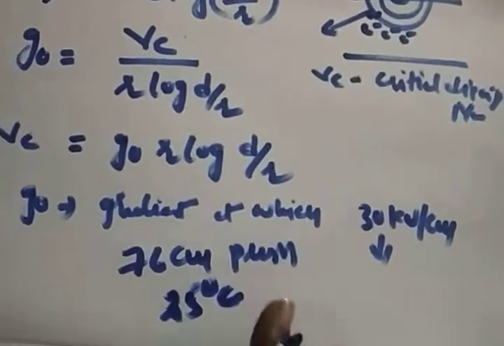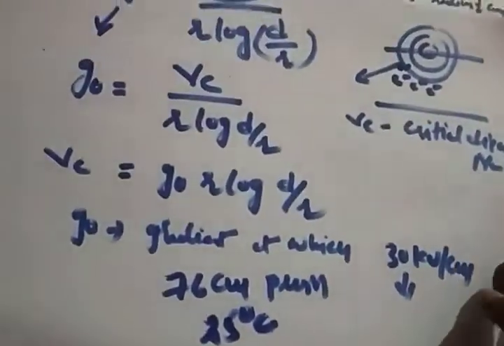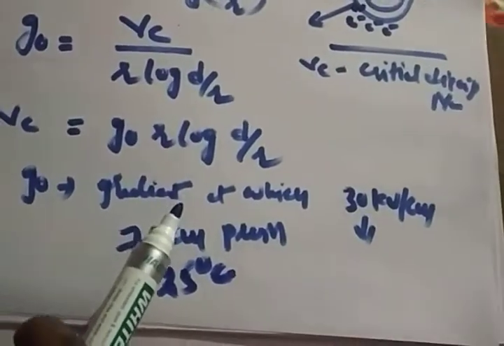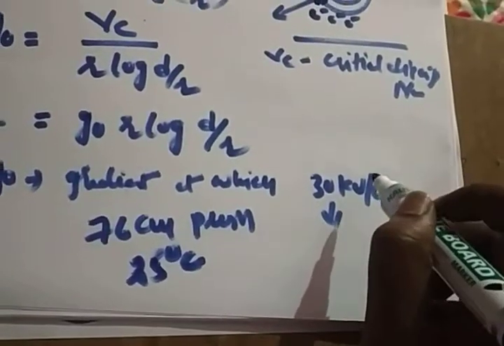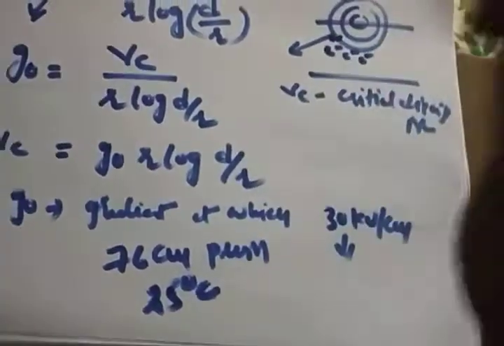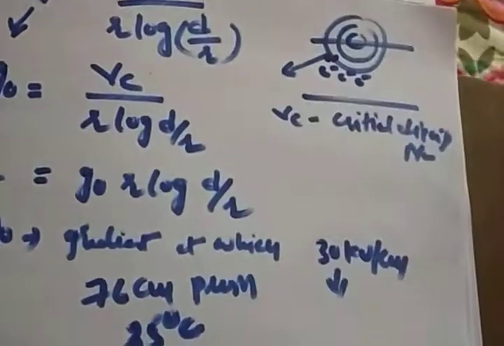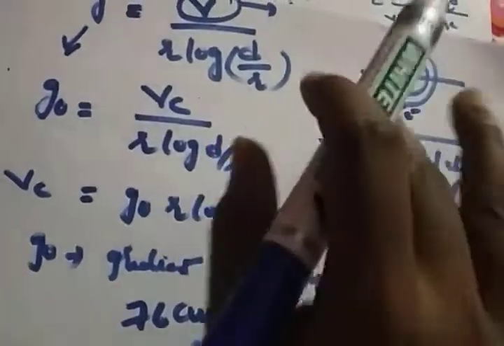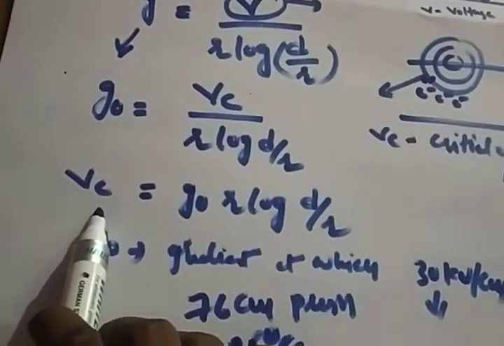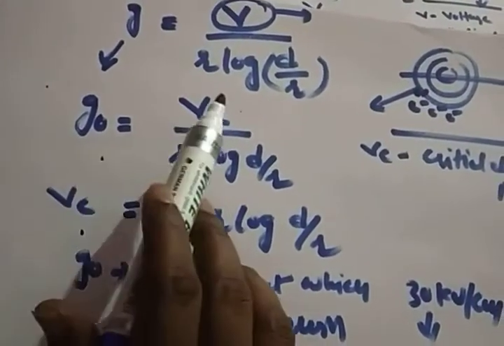So basically, this is the gradient at which the air breakdown occurs. Then the air ionization will form and the arc will be struck. That phenomenon we call corona. That voltage we call the critical disruptive voltage.